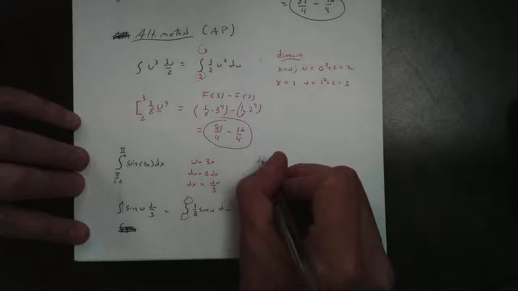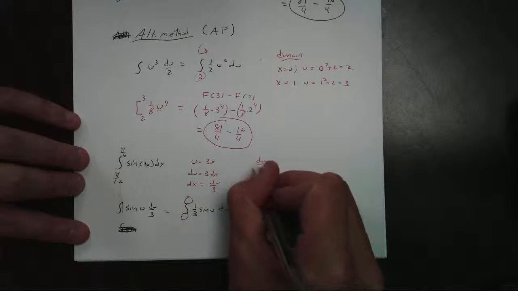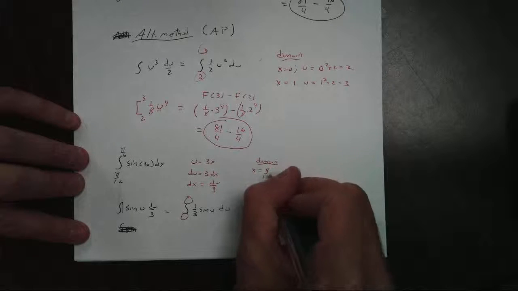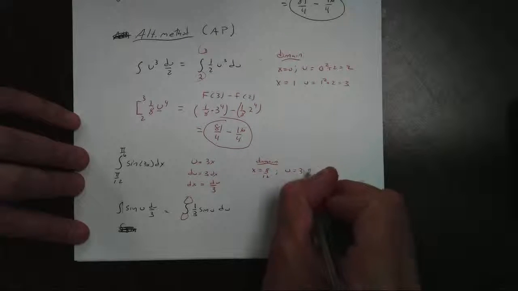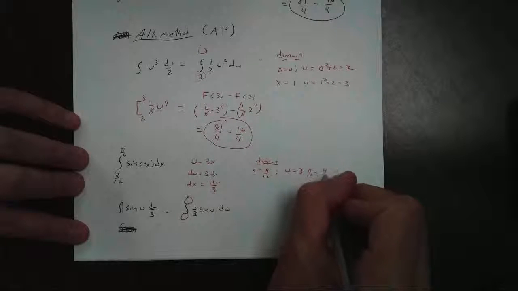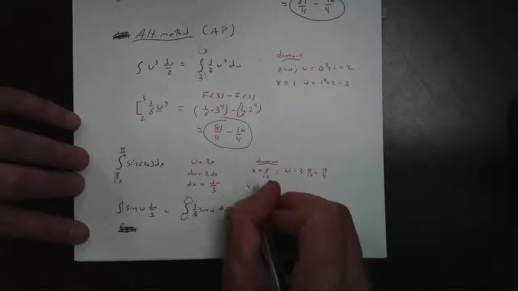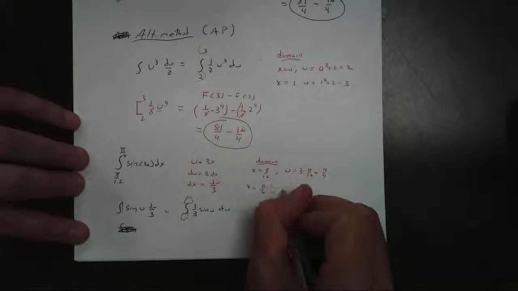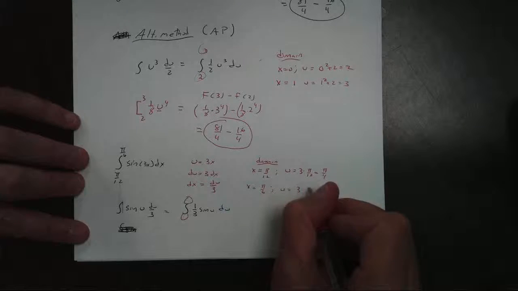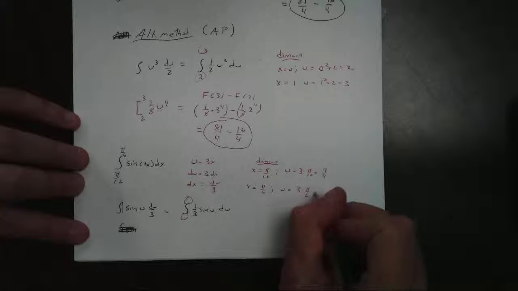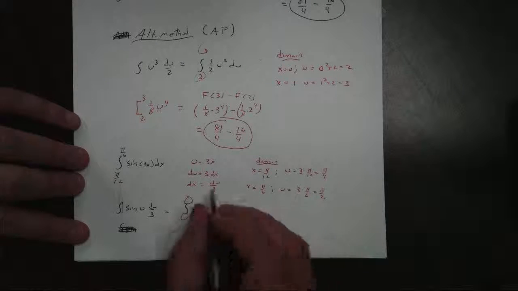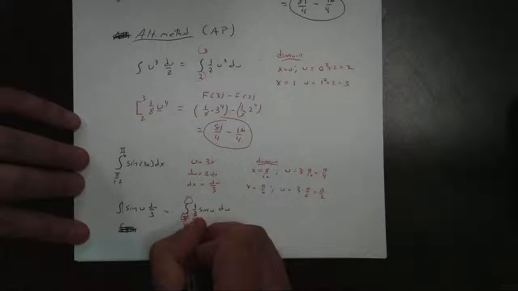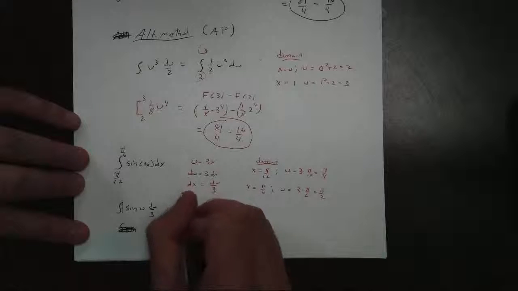So for my domain, when x is pi over 12, we know that u becomes 3 times pi over 12, which is pi over 4. When x is pi over 6, u becomes 3 times pi over 6, which is pi over 2. And those are what I plug in. So from pi over 4 to pi over 2.